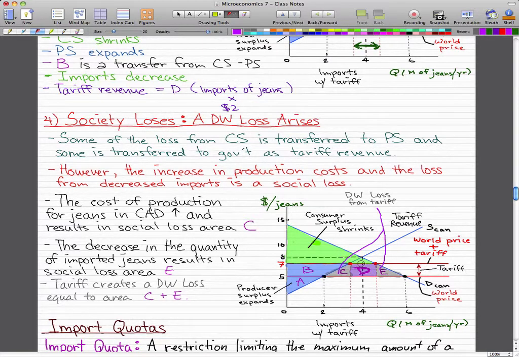The most important thing you should know how to do is how to get this tariff revenue, because once you get the tariff revenue, then pretty much the deadweight loss, C and E, is just given to you.